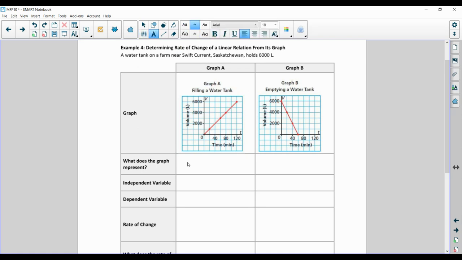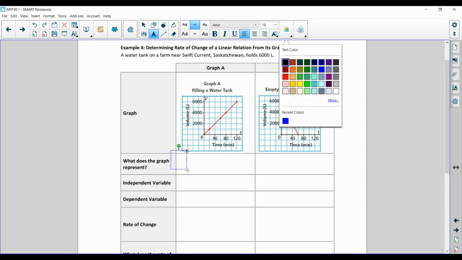So what does the graph represent? Well, graph A shows the change in volume over the change in time when you're filling a water tank. I'm going to type that.